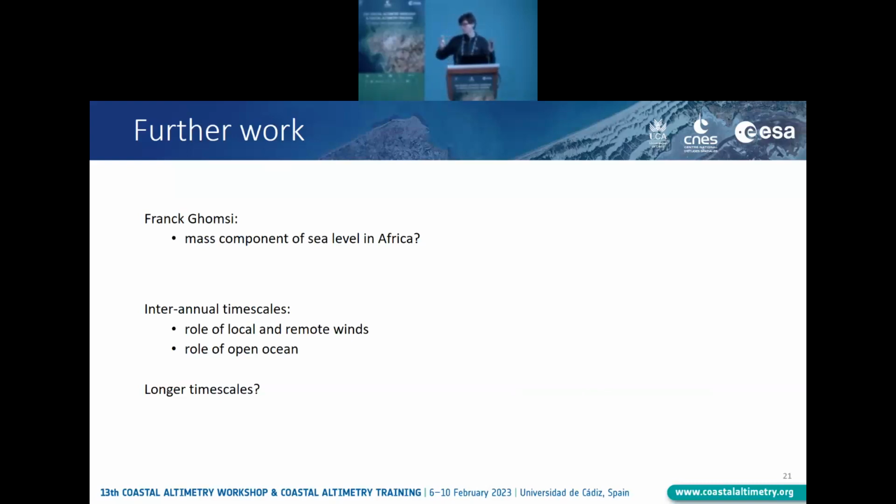You've got a broadening of the continental shelf along the coast of South Africa and, I think it's called, Namibia in the southern part of Africa on the western side. And so he was thinking maybe we can try to consider the mass component of sea level in the area. We were also thinking not to consider the contribution only at inter-annual time scale, but also longer time scales. And these are just extra slides.